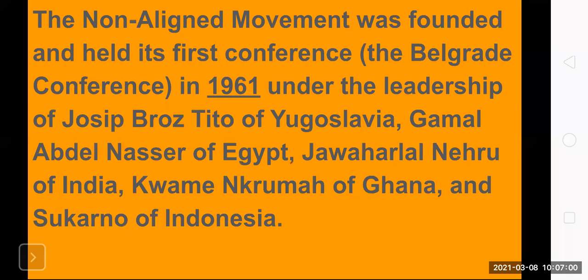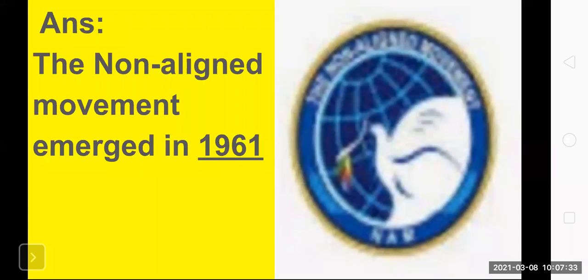The correct answer is that the non-aligned movement was founded and held its first conference in 1961 under the leadership of Josip Broz Tito of Yugoslavia, Gamal Abdel Nasser of Egypt, Jawaharlal Nehru of India, Kwame Nkrumah of Ghana, and Sukarno of Indonesia. So the correct answer is the non-alignment movement emerged in 1961.